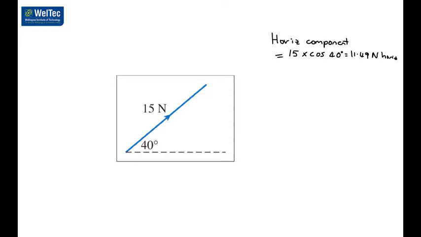And the vertical component is going to be 15 times sine of 40, and that'll be about 9 point something. So we've broken it up into the two forces, a horizontal one and a vertical one, working backwards from knowing the angle and the magnitude.